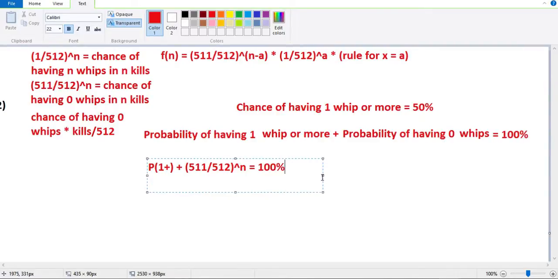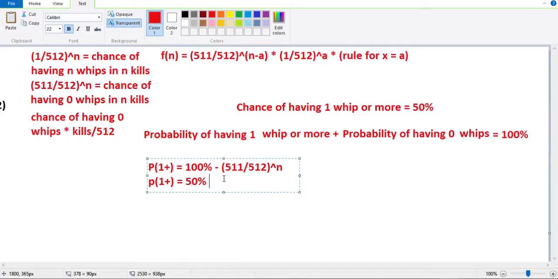And then all you have to do is put this on the other side, and then you just solve it. So if you want the chance of having one whip or more to be equal to 50%, well then surely this is equal to 50%. So you have 100% minus x equals 50%. X is 50%.